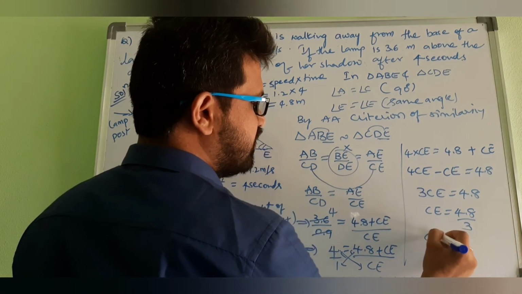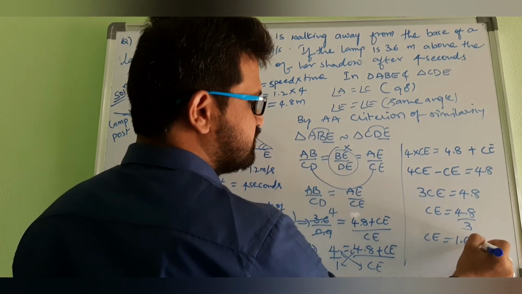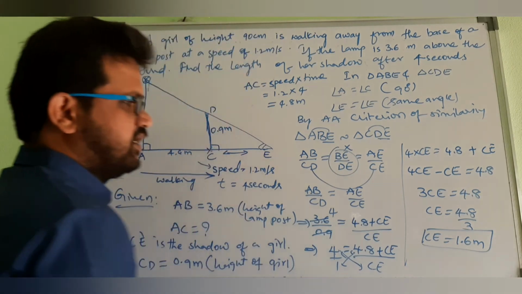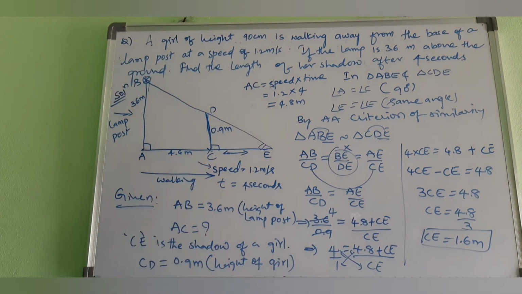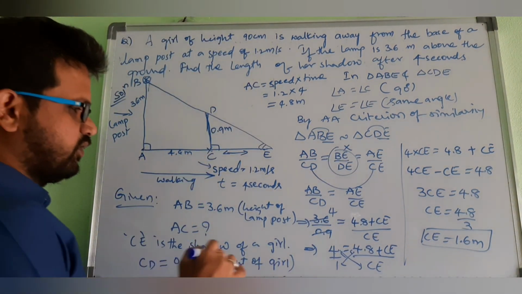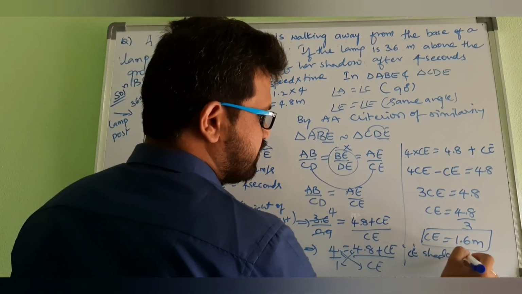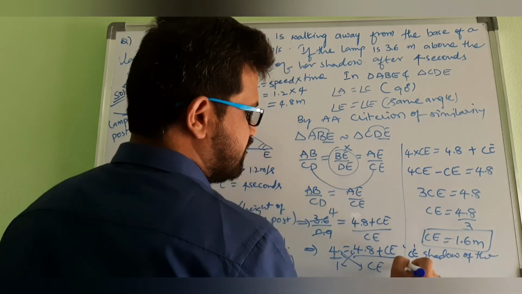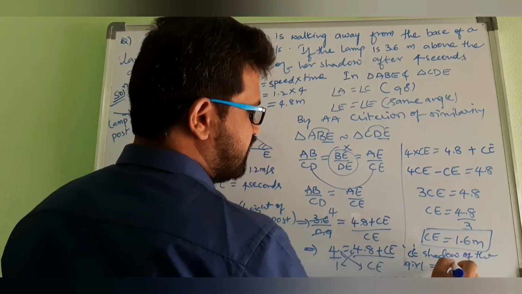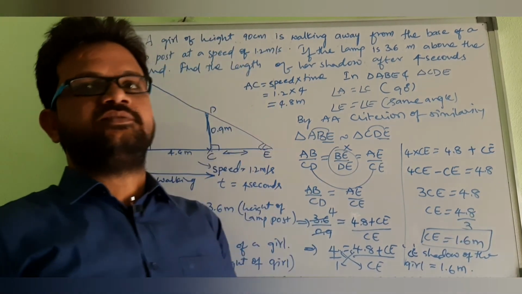That is CE equals 1.6 meters. What is CE? The shadow of the girl. So the shadow of the girl is 1.6 meters.